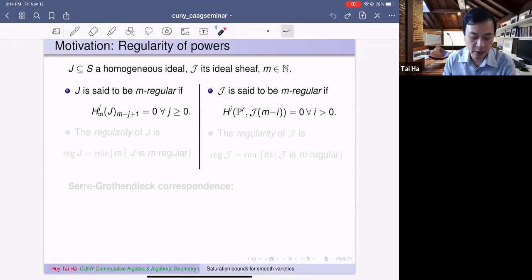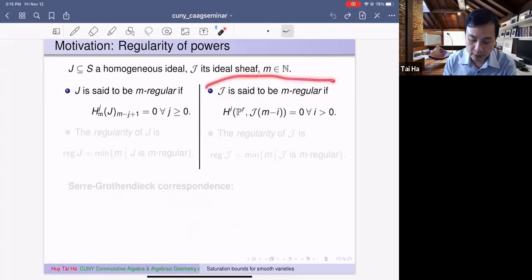While writing this paper we actually discovered a number of papers where, because of the confusion between these two notions of regularity, they end up getting wrong results. Regularity was initially defined for a coherent sheaf. For us, because I only talk about ideals, I'm going to restrict myself to ideal sheaves and ideals instead of coherent sheaves and modules.